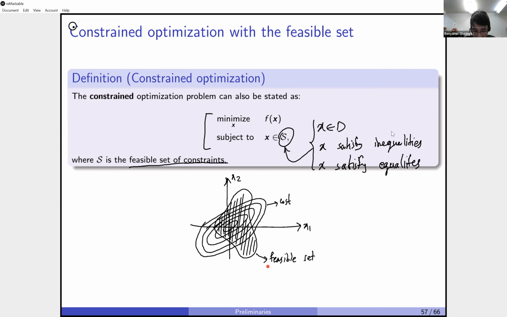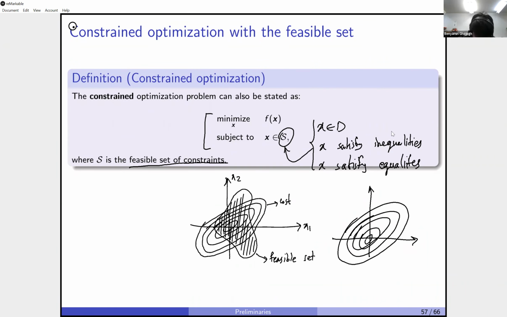And for another example here, as you see, the feasible set is nonlinear. It means that our inequality constraints and equality constraints were nonlinear. For example, an example for you to understand is that our objective function is going like this, but my constraint says this.